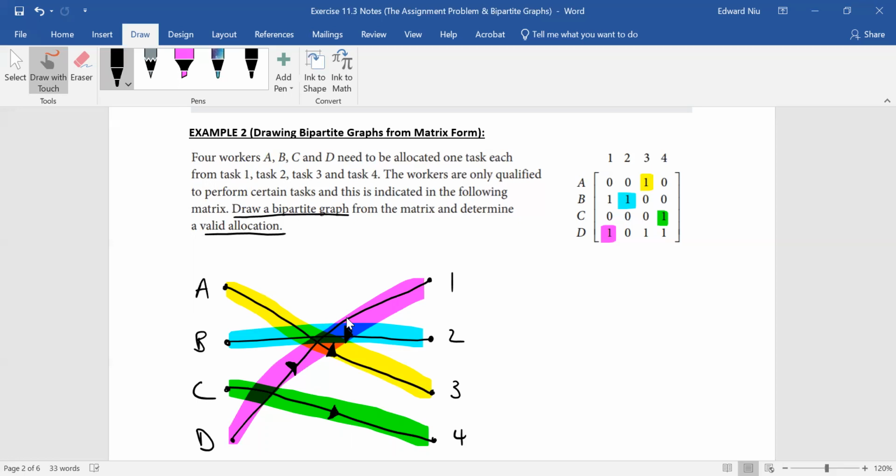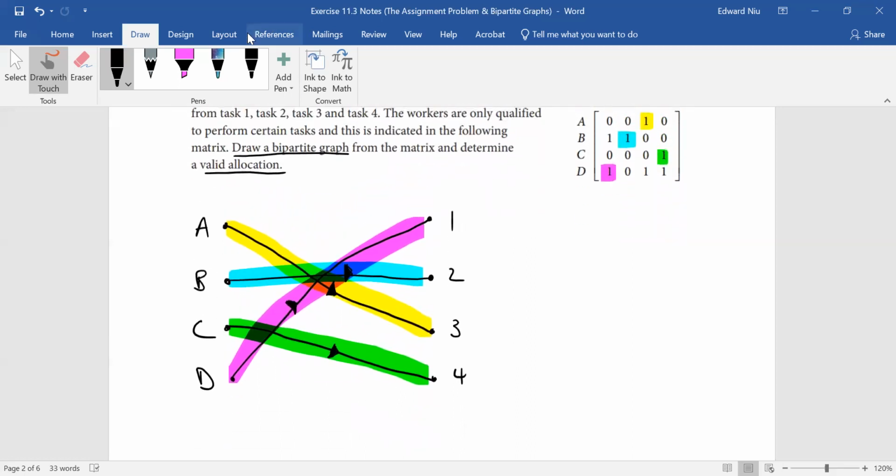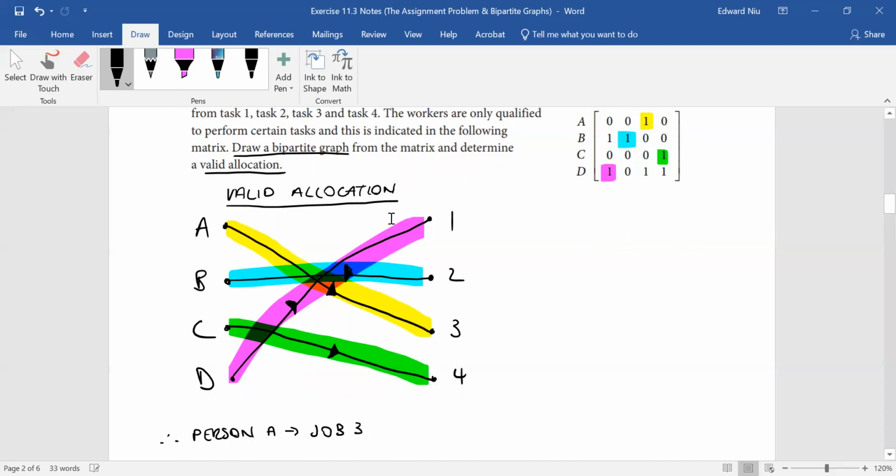So the full bipartite graph, no, I've done it in the wrong order. Well, so that's a valid allocation. I guess that was easy to do. Okay, so person A does job 3.